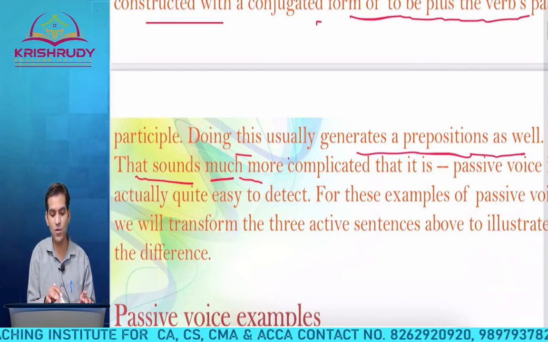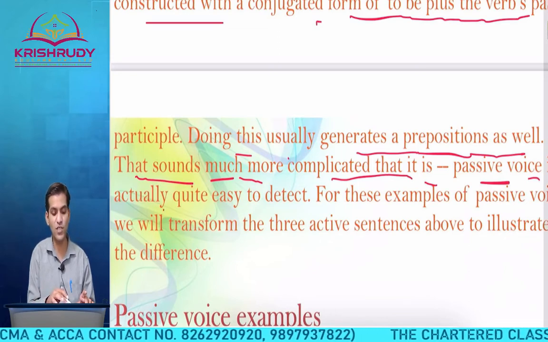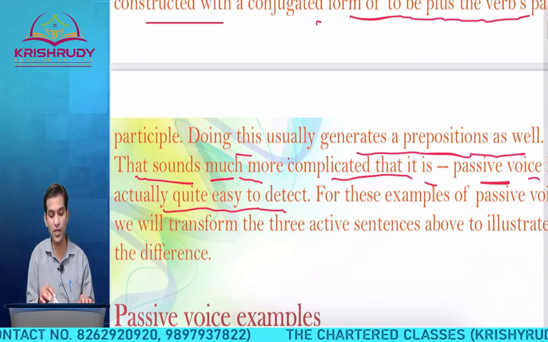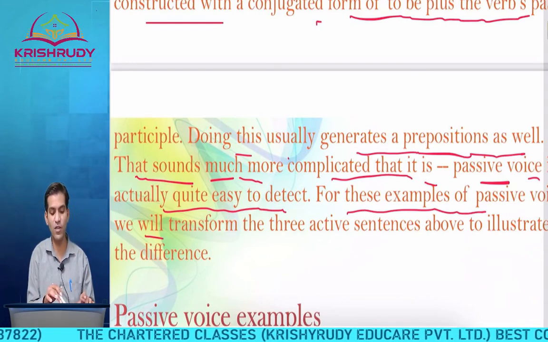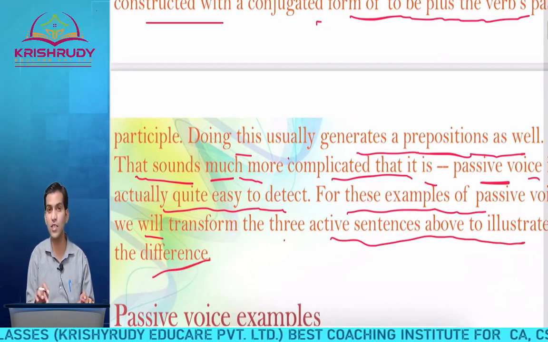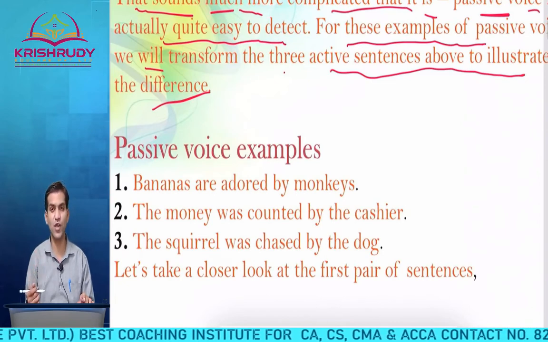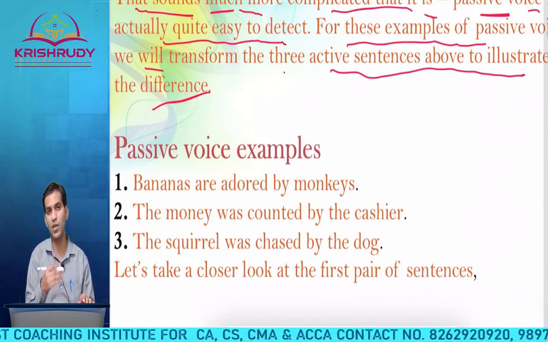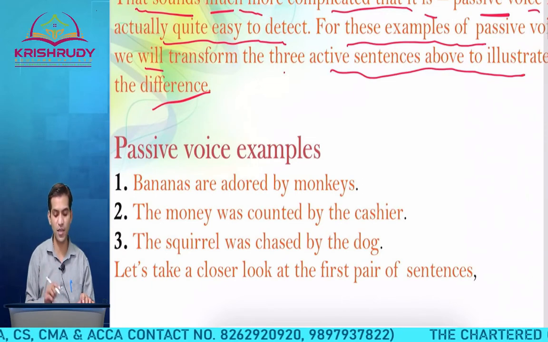That sounds much more complicated than it is. Passive voice is actually quite easy to detect. For examples of passive voice, we will transform the three active sentences above to illustrate the difference, right? So the above active sentences which we read earlier will be transformed here into passive voice for better understanding.